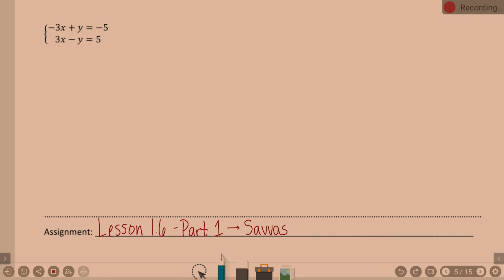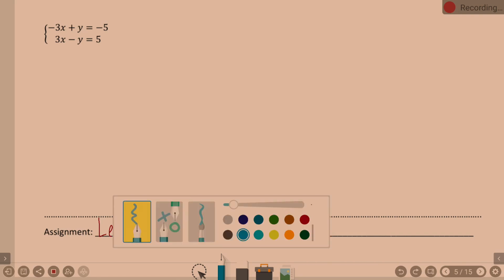Could we eliminate x's right here? Yeah, there's -3x, +3x, so that sets us up to add our equations together, right? Or, if you prefer, we could cancel y's. They're already set up with positive y and negative y, so it's just then add them together. So any way you go about it, you are adding your equations together.